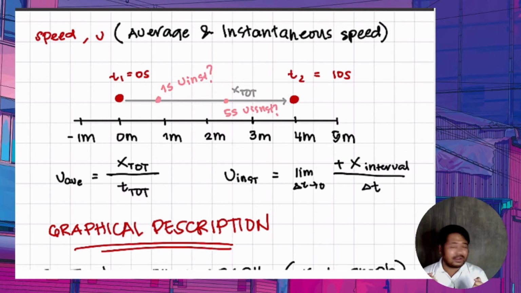Let's say for example, you're going from your house to the mall. It will take you, not 5 hours siguro, let's say 15 minutes. So ang average natin dyan is the total distance na it took you going from your house to the mall divided by that 15 minutes. But ibang usapan si instantaneous speed.